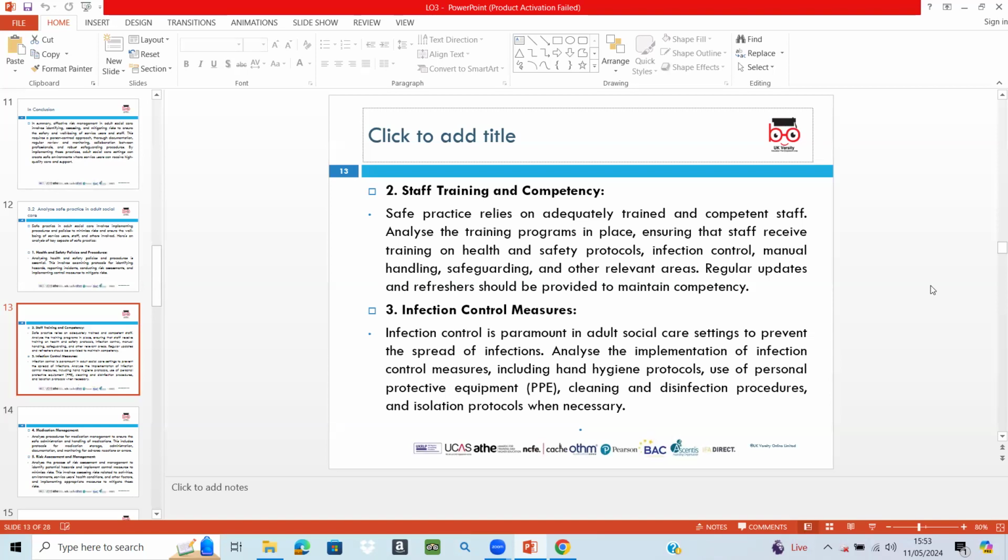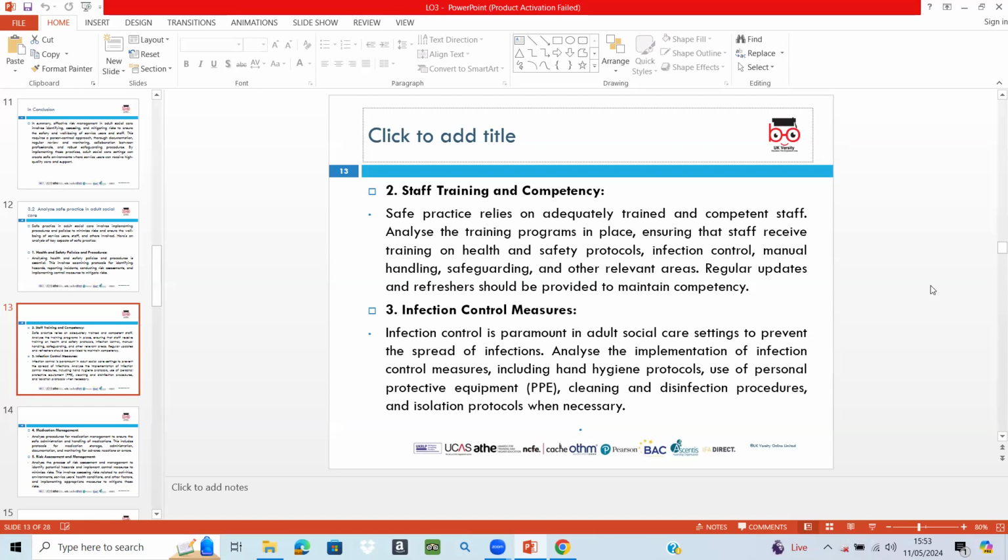By analyzing the training provided, particularly in areas such as health and safety protocols, infection control, manual handling, and safeguarding, one can assess the staff's preparedness to handle various situations. And it's also important to review the frequency of updates and refresher courses to ensure staff's continued competency in these critical areas.